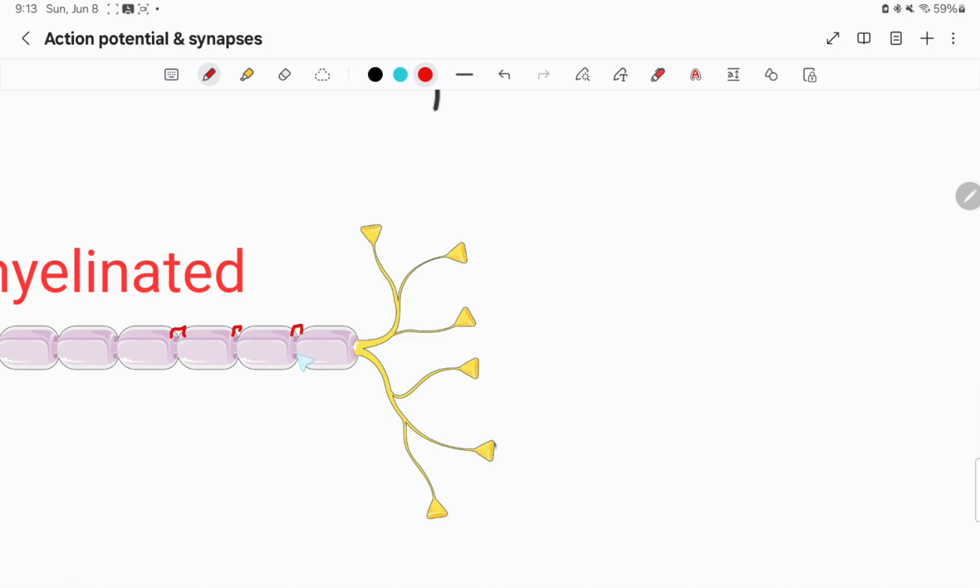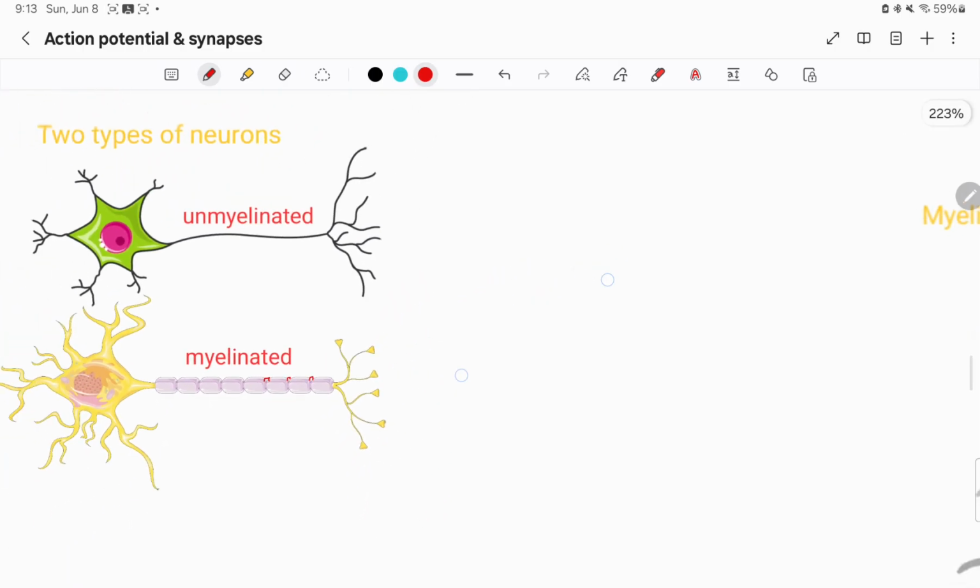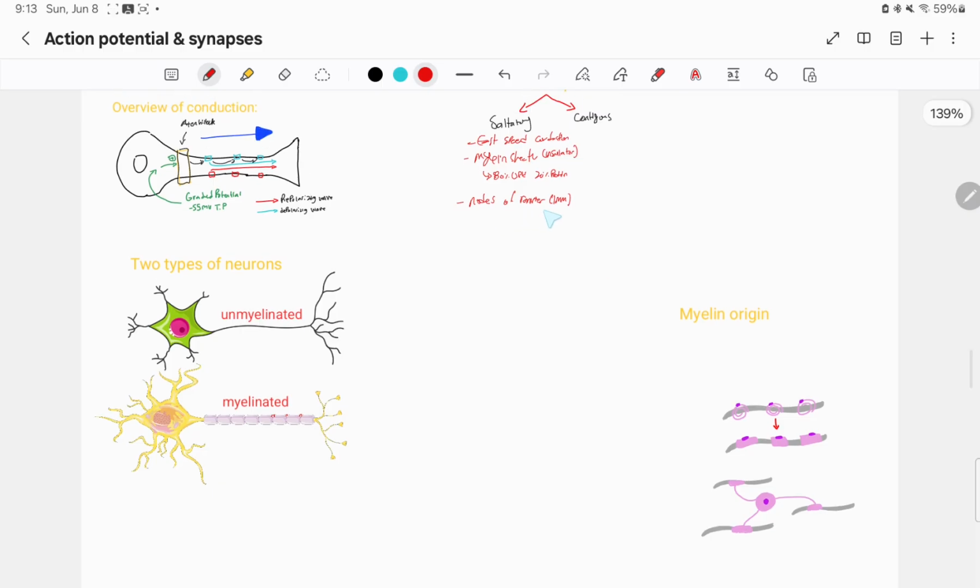That space in between them, where there is no myelin actually covering the axon, and the axon is kind of naked like this, that space is called the nodes of Ranvier. And that node of Ranvier is about 1 millimeter big. That's the length of it. It is the space between the adjacent myelin sheaths.